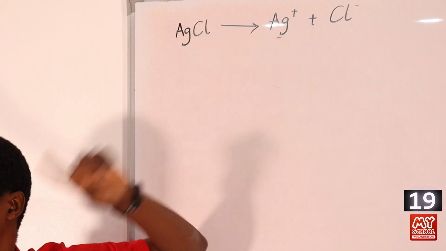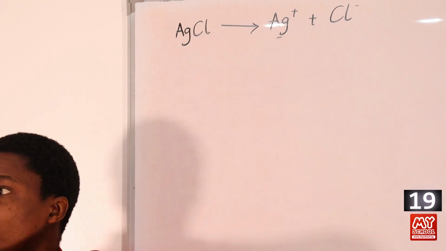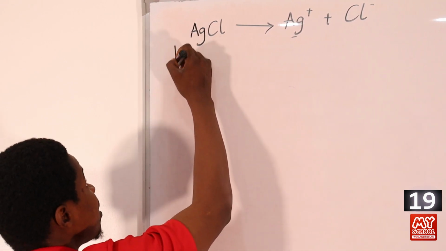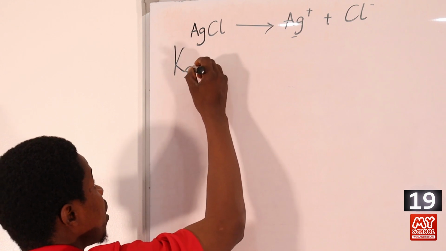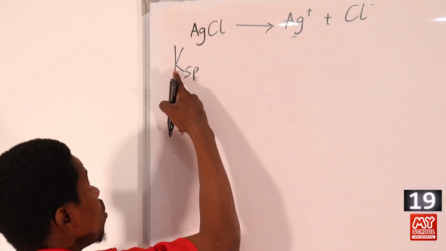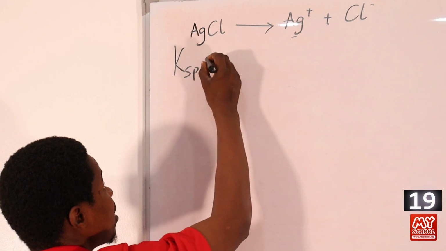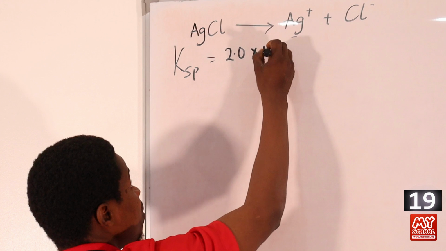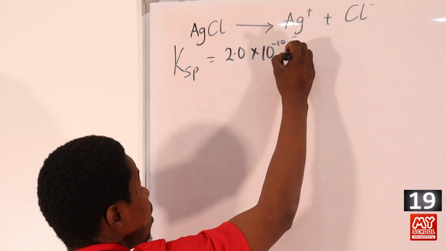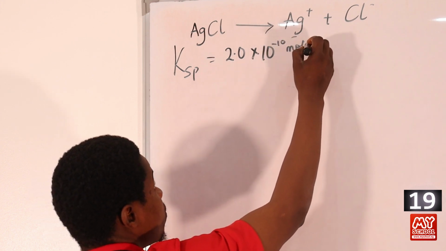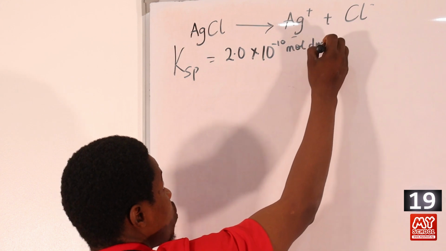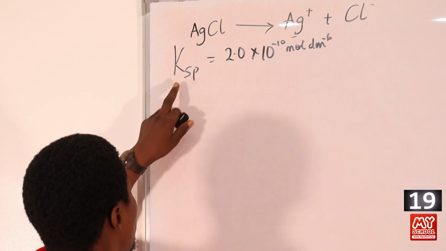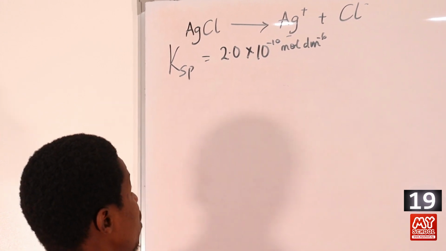So when we dissociate that, we're given that the solubility product of silver chloride is 2.0. So we write this Ksp. Ksp stands for the solubility product constant of this silver chloride, which is 2.0 times 10 raised to the power minus 10 mole squared per dm to the power of minus 6. That's what the solubility product constant was given to us.